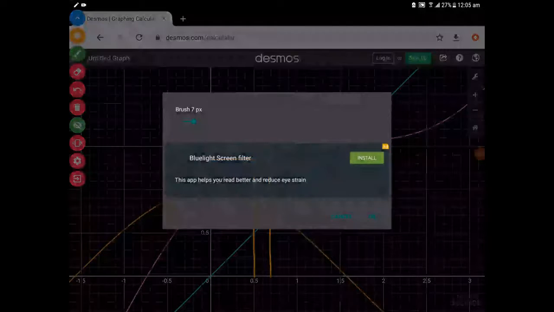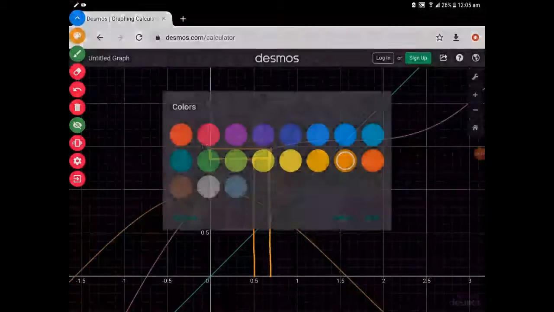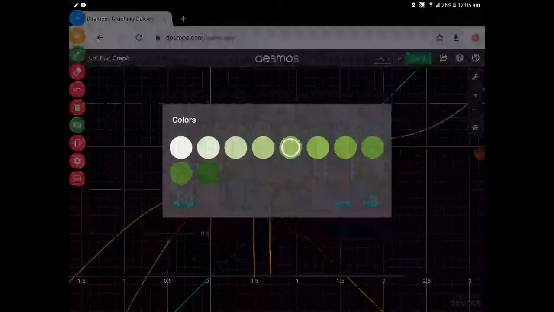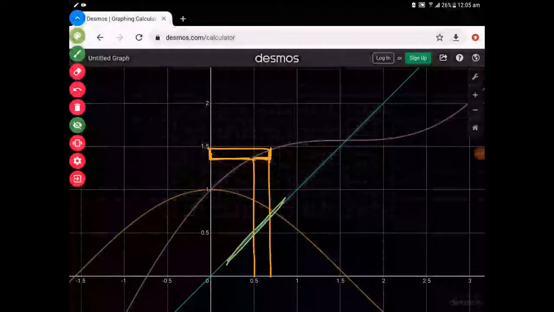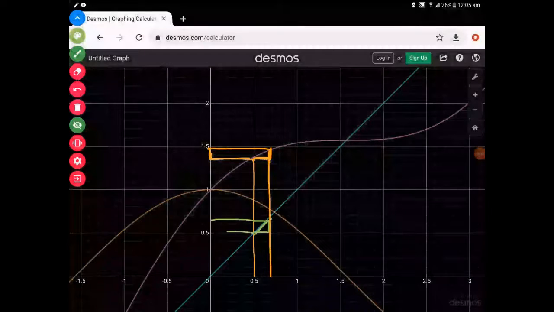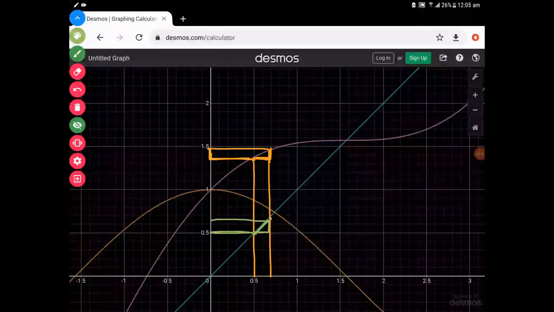Now let me take another color and let me show you something. Here in the x, this is the x graph, the straight line is the x graph. Here there is a small change happening. Can you see this change? There's a small change happening. Okay, so let me draw with this.